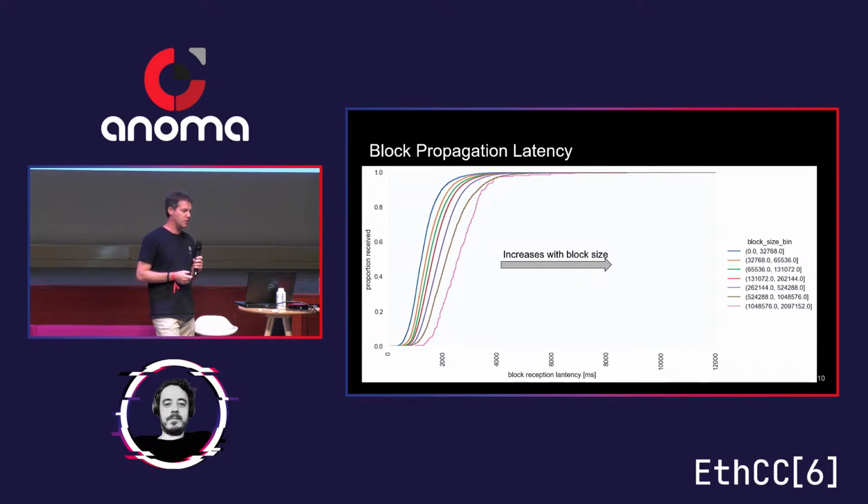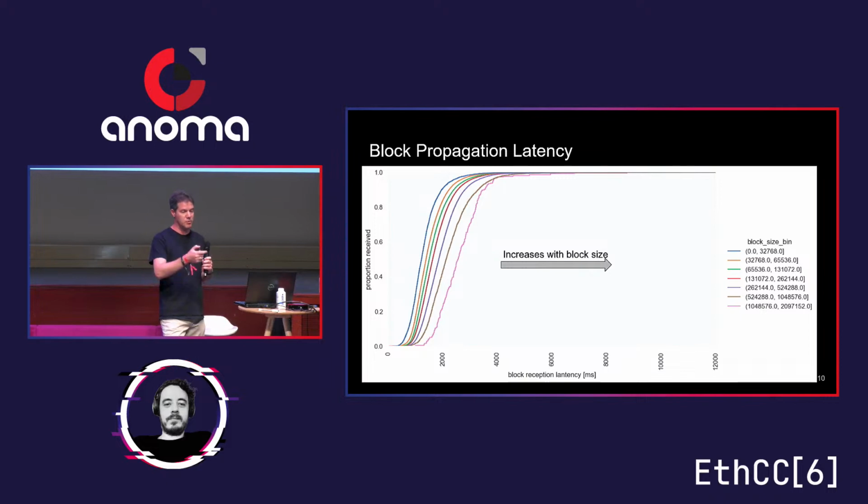A point on the blue curve, let's say the 2000 line, is 2 seconds. If you go up, you see that 95-ish% of the measurements were below this. We measured in several places, for several blocks, and 95% of the measurements were below this. So you can say that 95% of the arrivals are before that, and the others are after that.